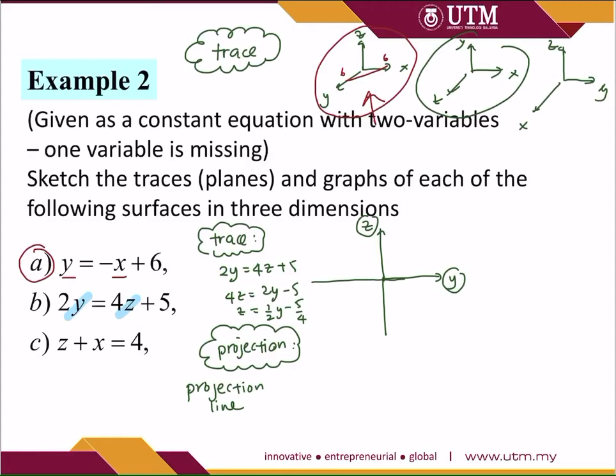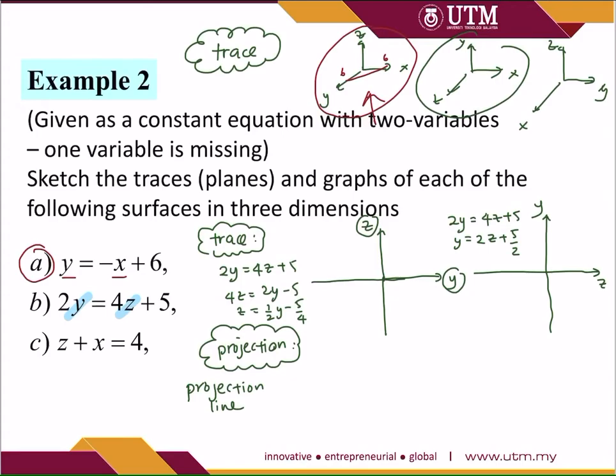Let's say here is z, here is y. Your line will be 2y equal to 4z plus 5 and y equal to 2z plus 5 over 2. So it depends.